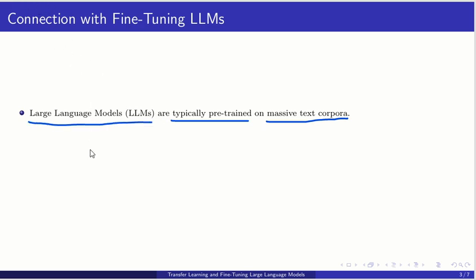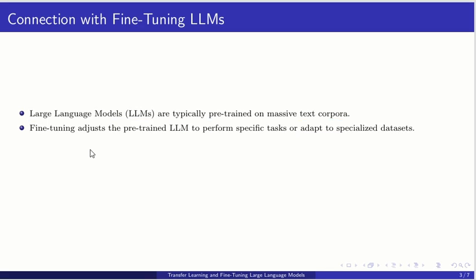These are very large language models, and fine tuning adjusts the pre-trained LLM to perform a specific task or adapt to a specialized dataset. For example, you want to reuse GPT-2 for your own problem, like you are working in an organization or in healthcare or in finance.